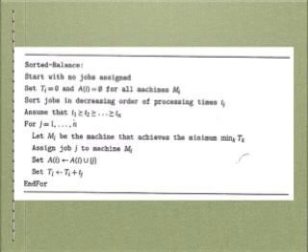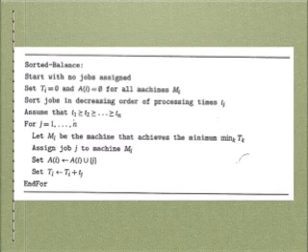Sorted-Balance. Start out with no jobs assigned. Set T_i equals 0 and A(i) equals the empty set for all machines M_i. Sort jobs in decreasing order of processing time t_j. Now we assume that t_1 ≥ t_2 ≥ t_3 and so on, ≥ t_n.